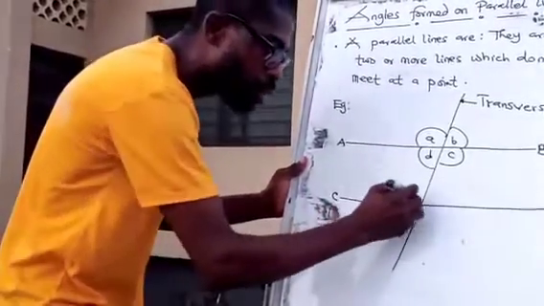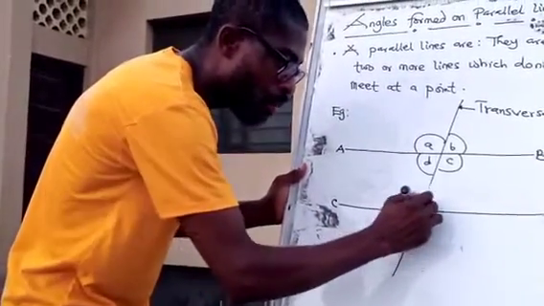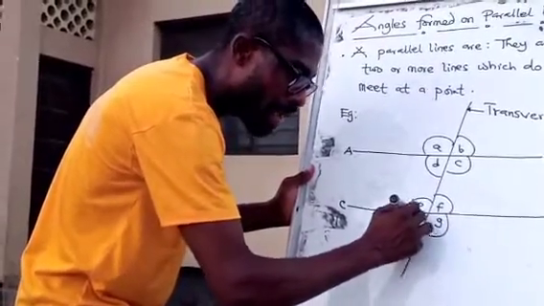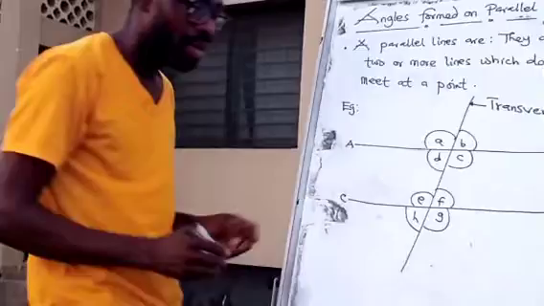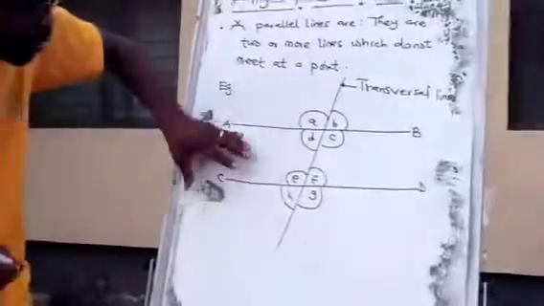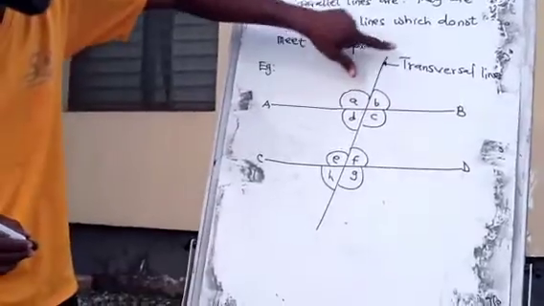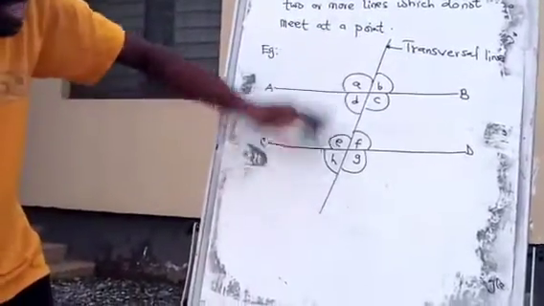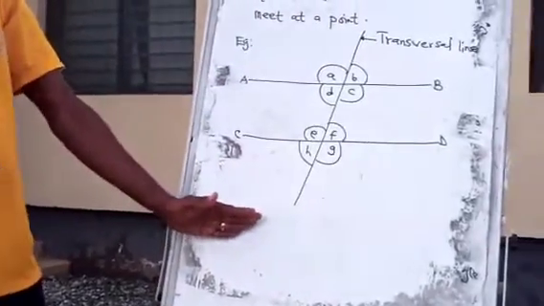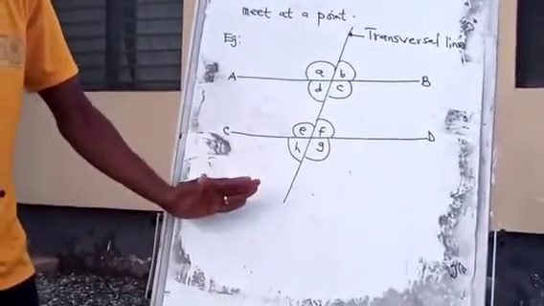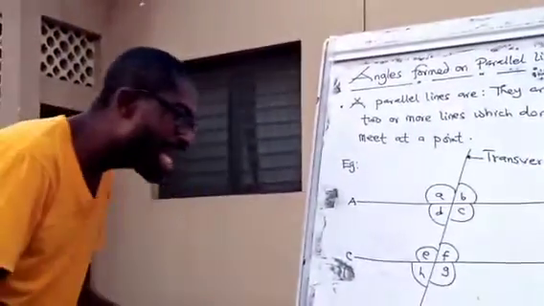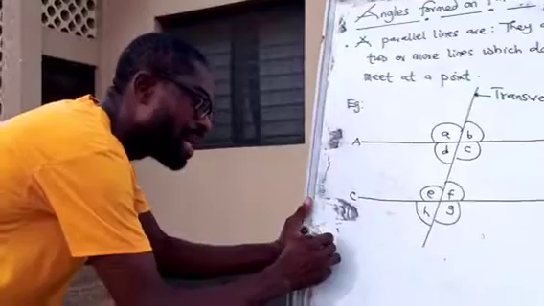So we can also have angle E, angle F, angle J, angle H. These are various angles produced as a result of the transversal cutting across the two parallel lines.